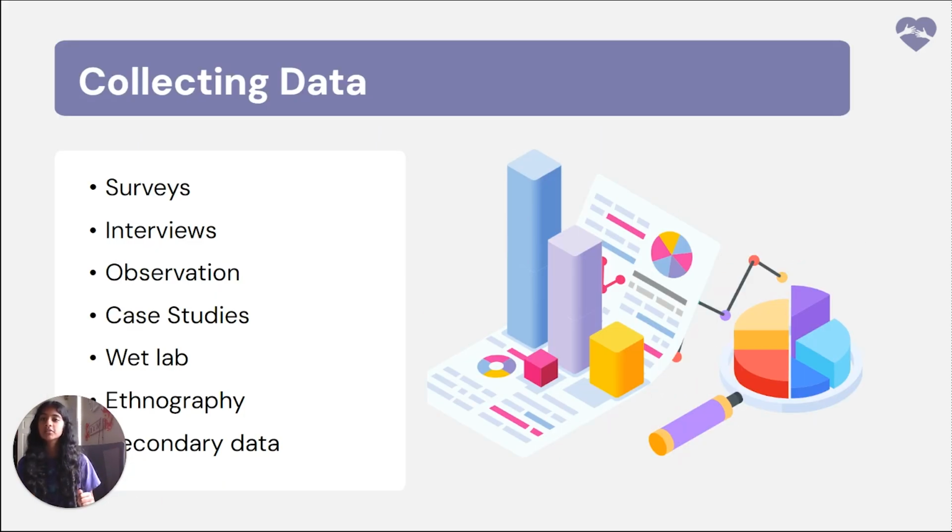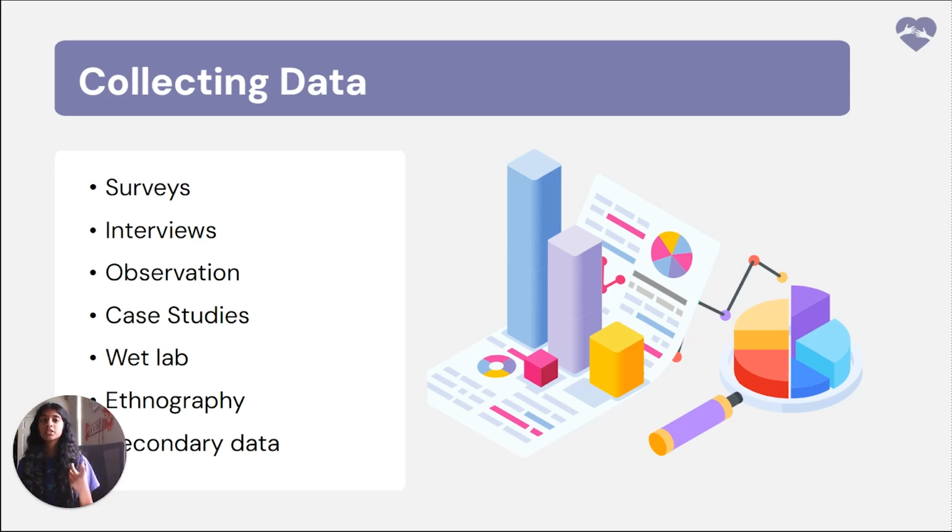So there are many different ways you can collect data. The previous experiment was one way we collected data, and this was a wet lab study because you are actively performing something on the dependent variable to measure what effect the independent variable has. However, other types of collecting data include surveys, which is good because it reaches a lot of people and is cost effective.